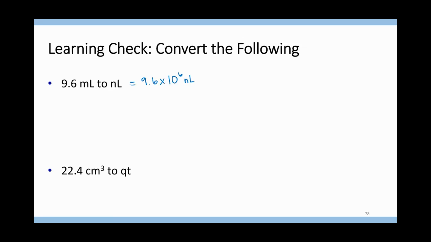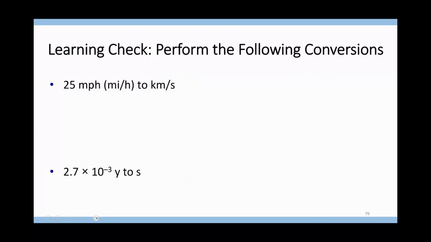So 9.6 milliliters is 9.6 times 10 to the 6 nanoliters. 22.4 centimeters cubed is 0.0237 quart. .25 miles per hour is 0.011 kilometers per second.